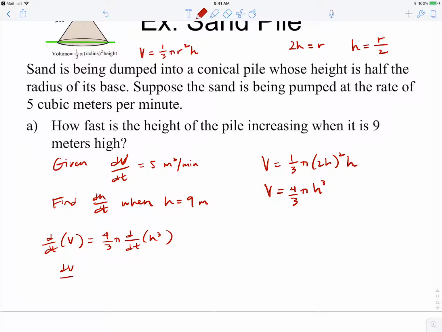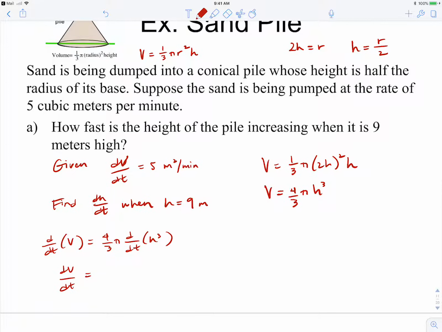So we'll get dV over dt. When we apply chain rule here to find the derivative of h cubed with respect to t, we still have the constant out front. That would be times 3h squared times dh over dt.